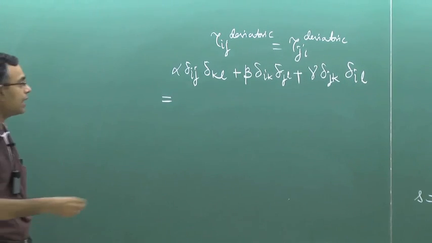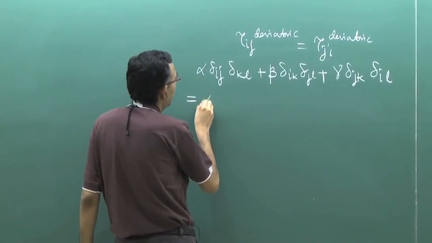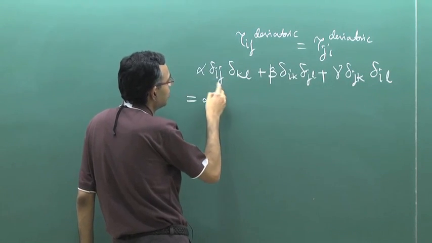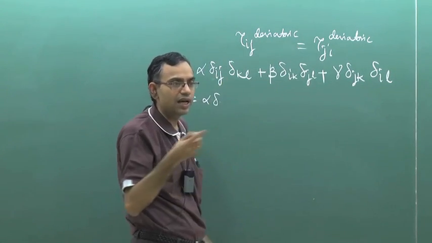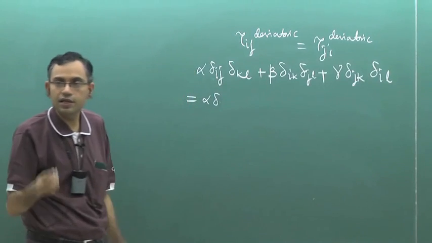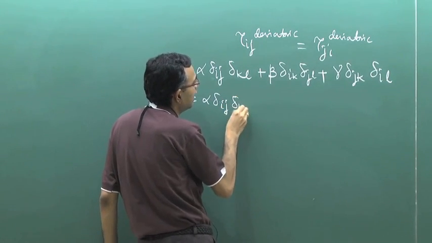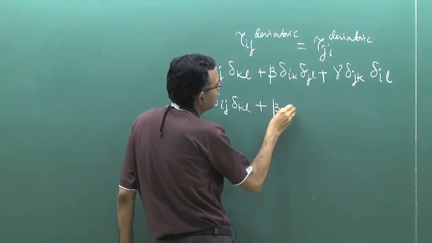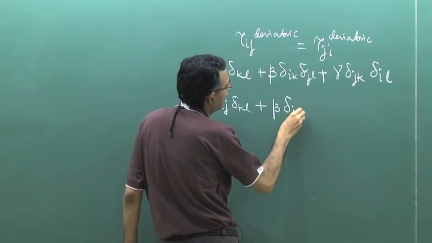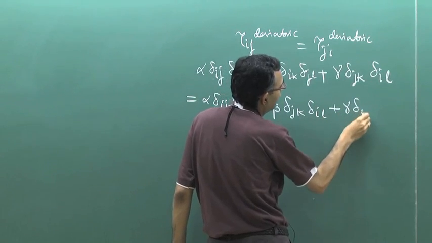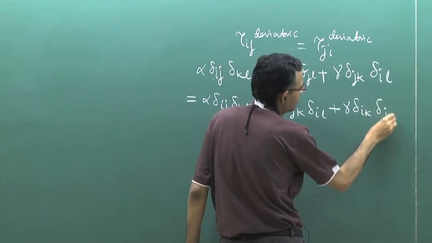If we swap i and j, this will become alpha delta ji, but delta ij and delta ji are the same. Delta is a symmetric tensor. So you can write delta ij again delta kl plus beta delta jk delta il plus gamma delta ik delta jl.